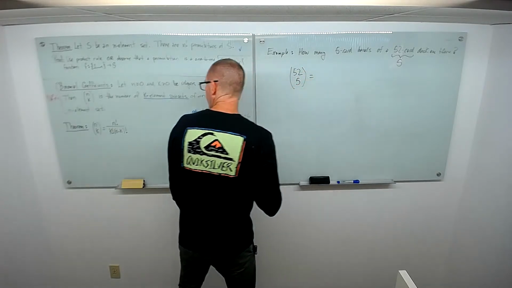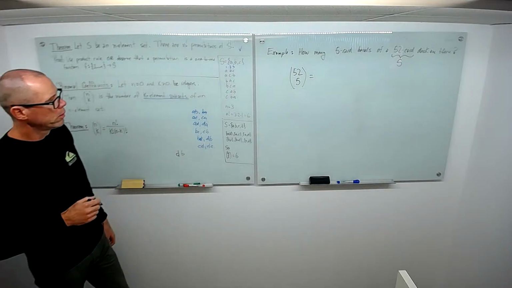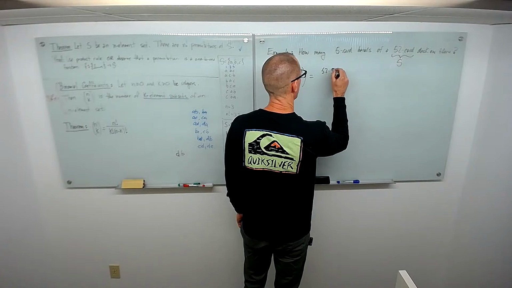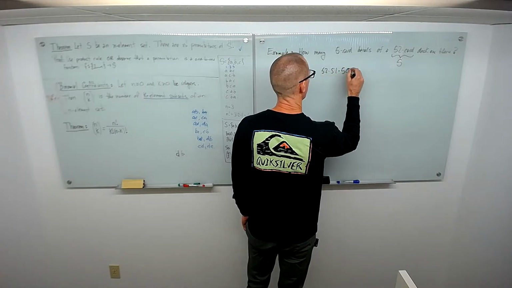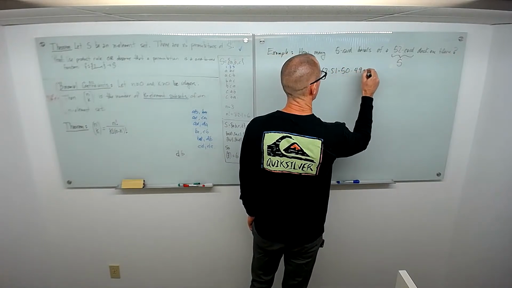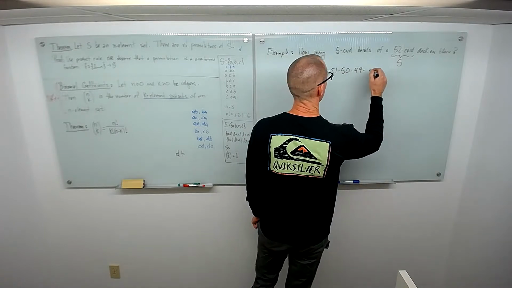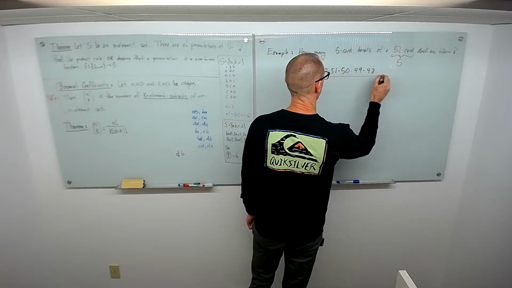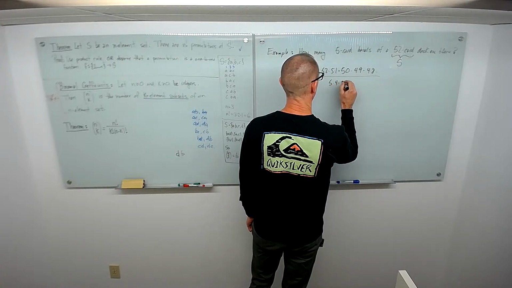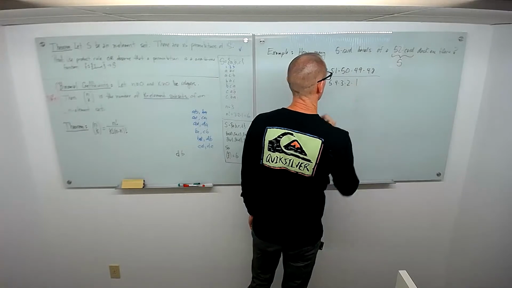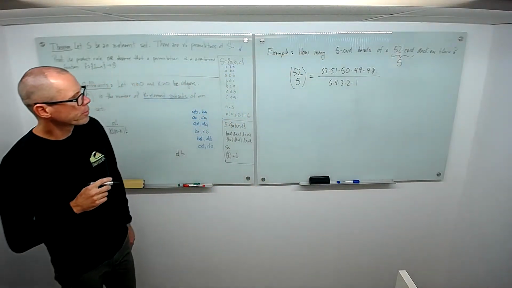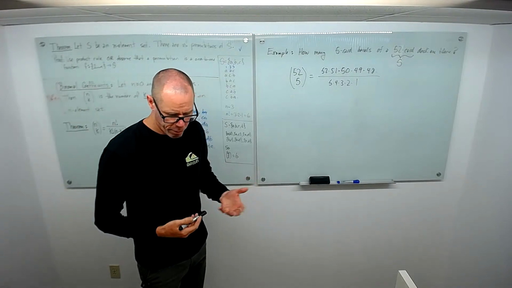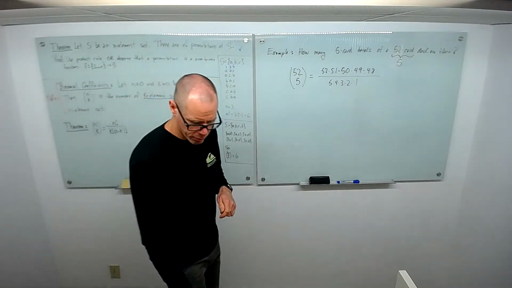And by this formula, that's 52 times 51 times 50 times 49 times 48 divided by 5 times 4 times 3 times 2 times 1. So that's the number of 5-card hands of a deck of cards.